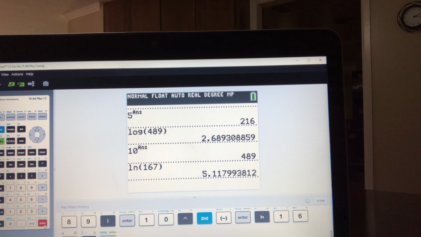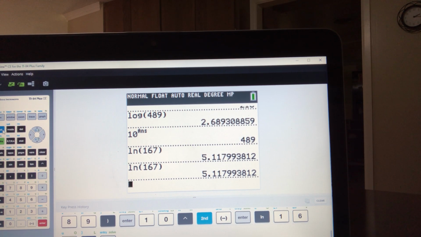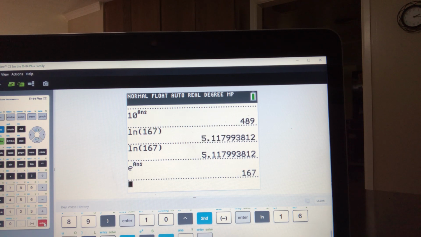What that means is that a natural log has a base of e, so I would go to the e to the x button, put in that answer, and notice it would be the same thing, 167. Okay, so that's how you would work logs with the calculator. The calculator is helping you get the exponent that you need to raise that base to.